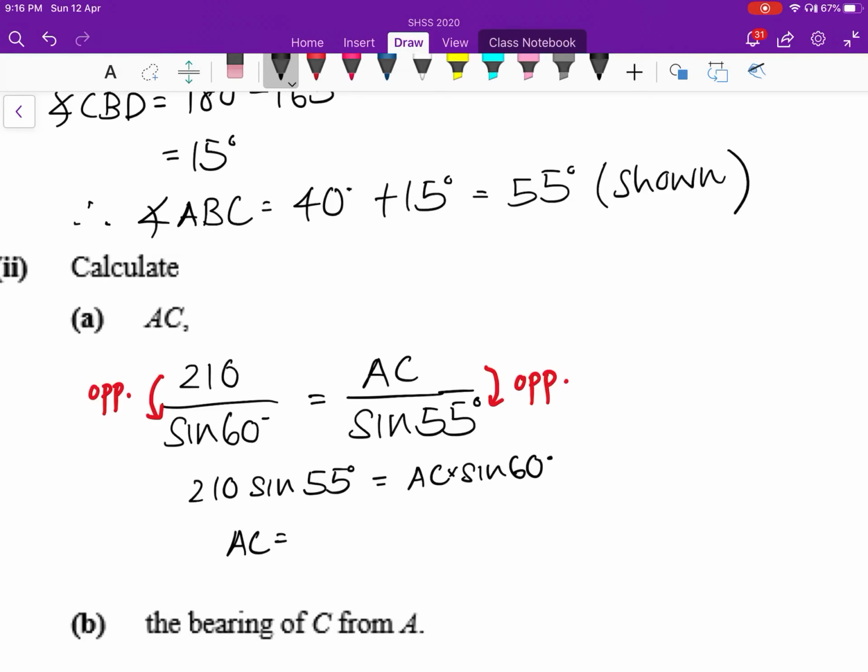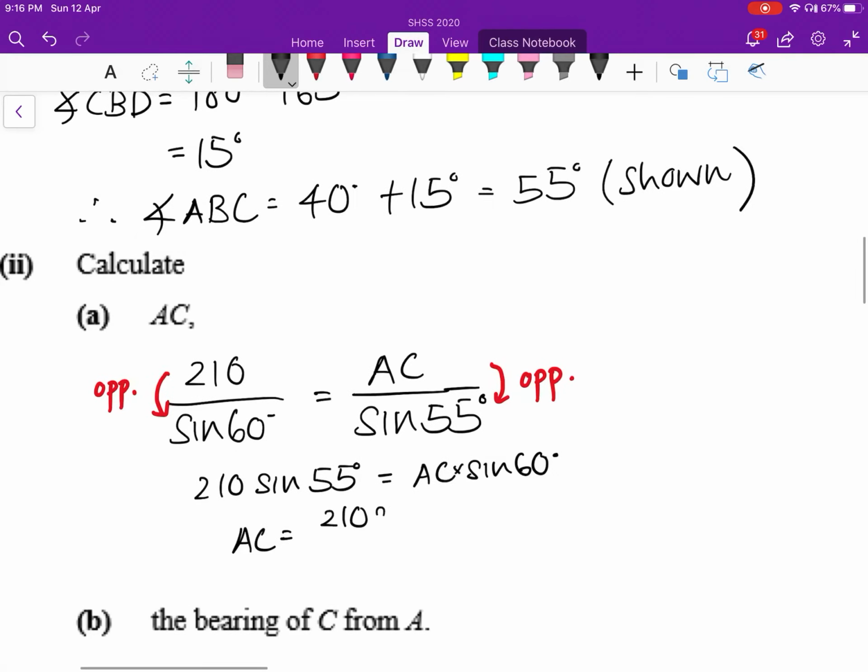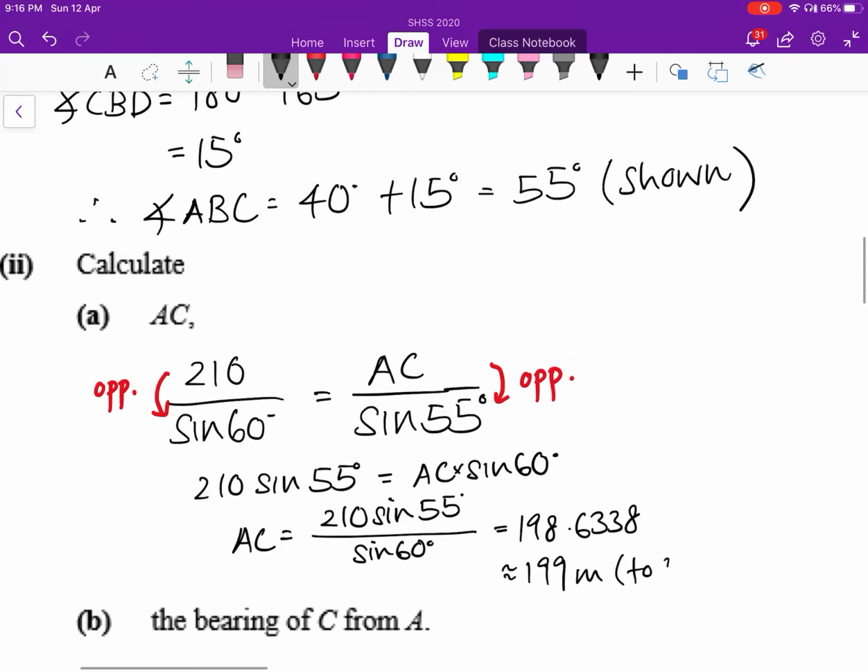It will be 210 sine 55 divided by sine 60 degrees. If you press your calculator, you should get 198.6338, which is about 199 meters to 3 significant figures.